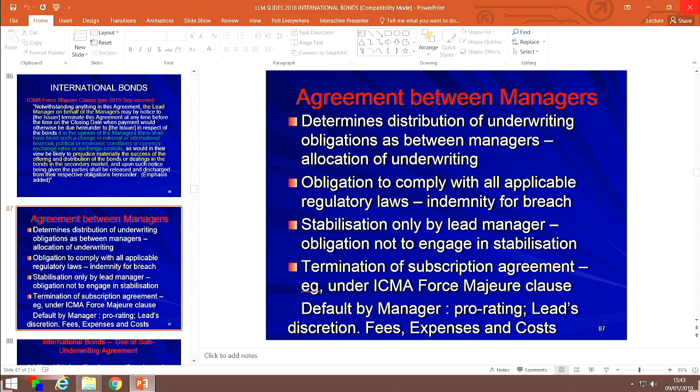It then talks, once again, as usual, far more important to most investment bankers, about fees and expenses. Exactly how much fees are going to be paid to each of the managers, which is based on the total amount which would be paid by the issuer under the subscription agreement to all of the underwriters. So there's a cascade.